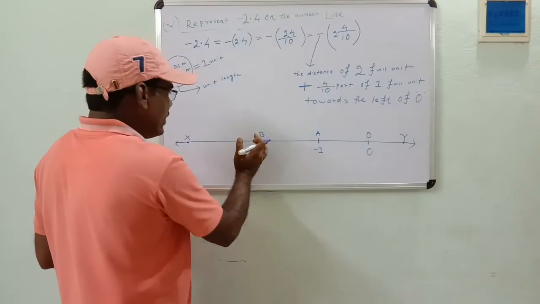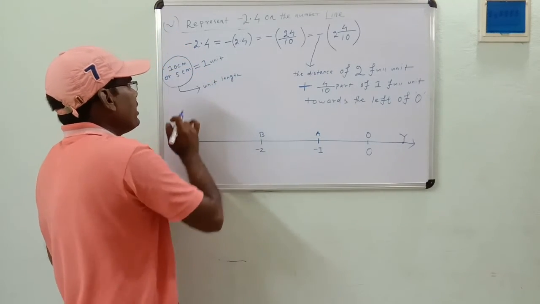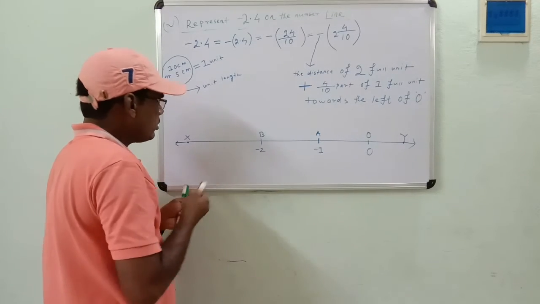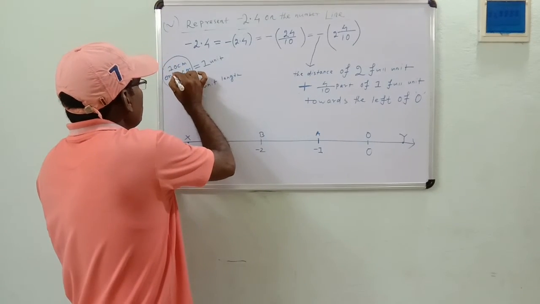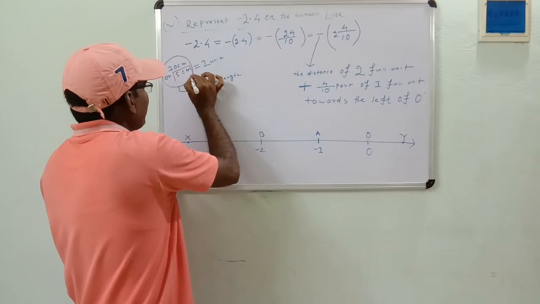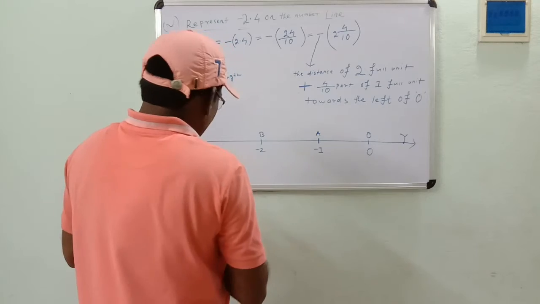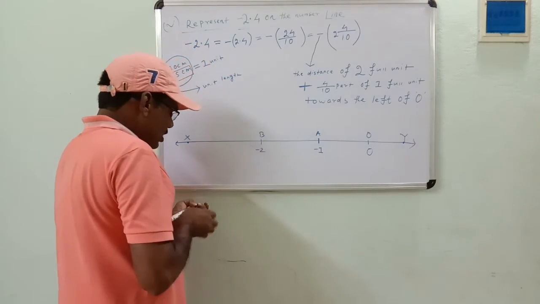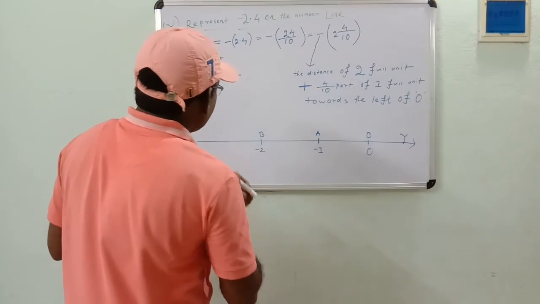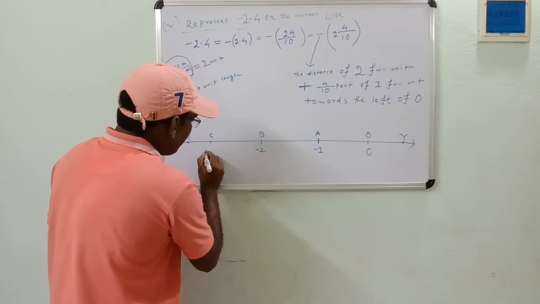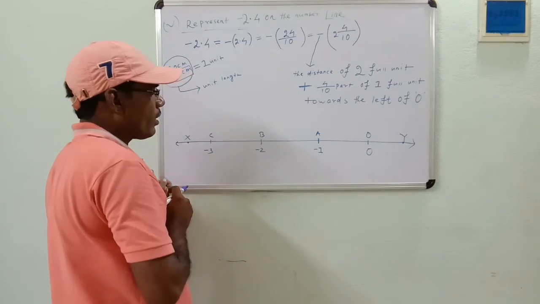Similarly, from point B at 5 cm distance, take the next point, that is point C, and it will represent minus 3.